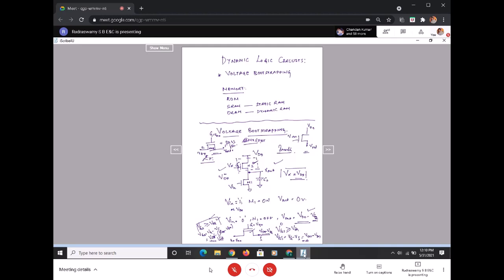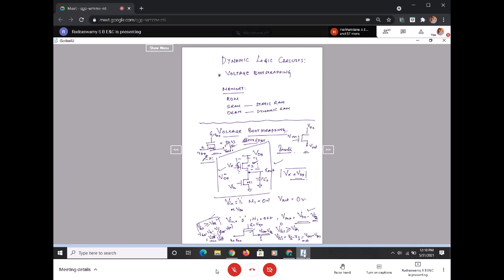In this inverter circuit we have drawn, the 1 to 0 transition works, but for the 0 to 1 transition there is a threshold voltage drop. Shall I proceed further?